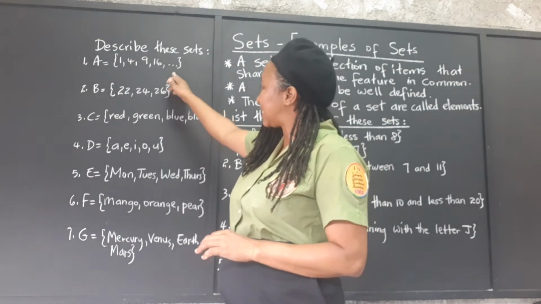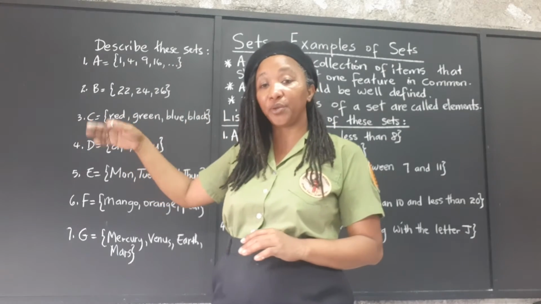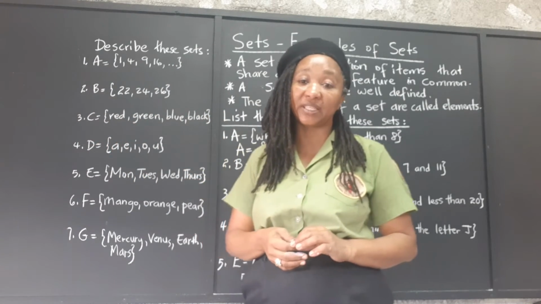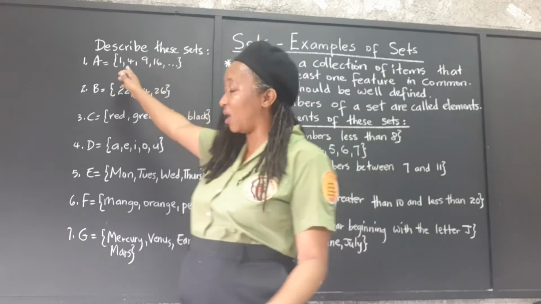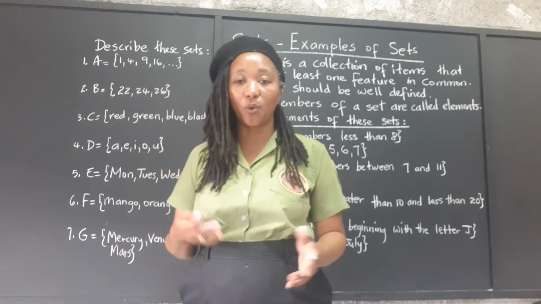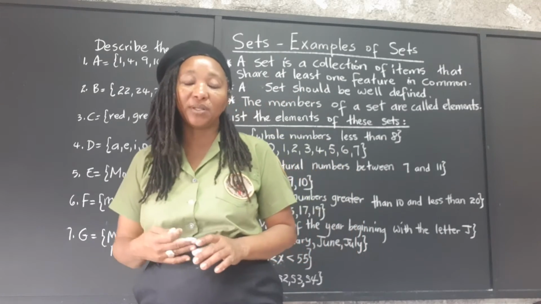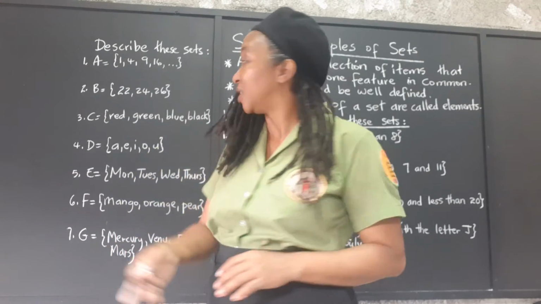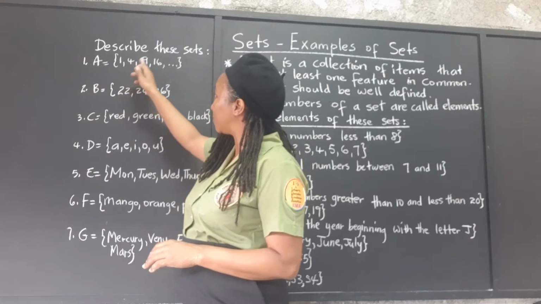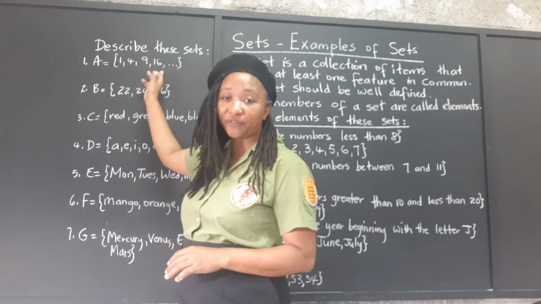and the ellipses tell us that they continue. They continue to infinity. Square numbers start at 1. 1 is the first square number. 1 times 1 gives 1. So a square number, you get it by multiplying a number by itself. So this is 1 times 1, 2 times 2, 3 times 3, 4 times 4.